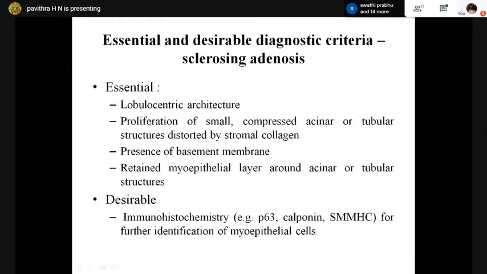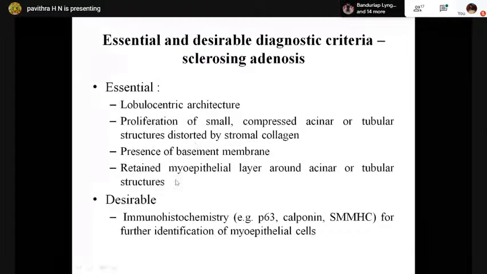The essential criteria, along with all these things we have spoken about already, include a retained myoepithelial layer around the acinar and tubular structures. The desirable criteria is IHC for further identification of myoepithelial cells. Initially we spoke about so many markers for myoepithelial cells, so we can use those. They have recommended p63, calponin, smooth muscle myosin heavy chain.